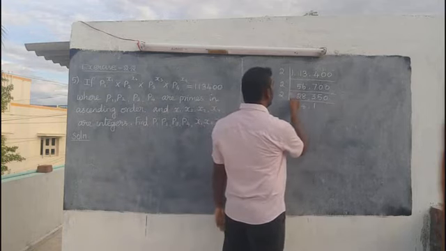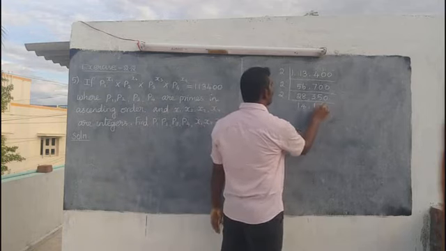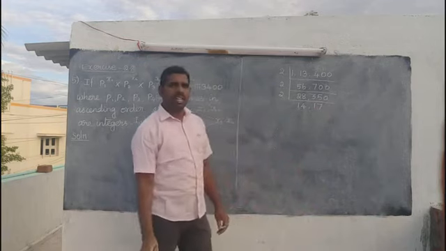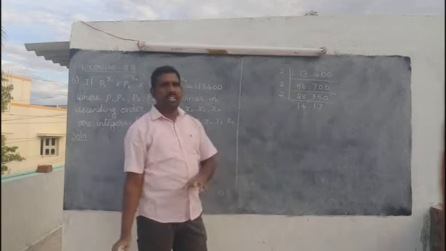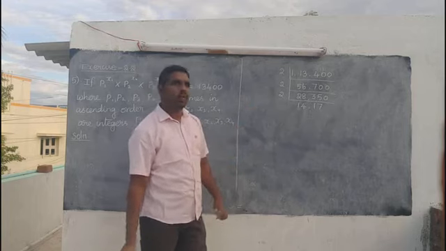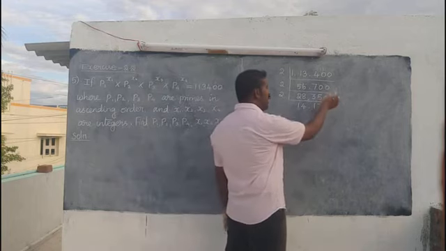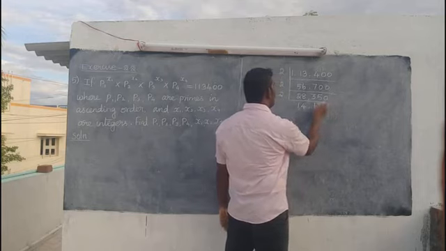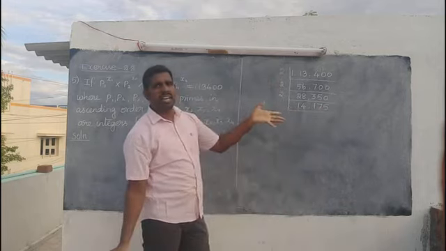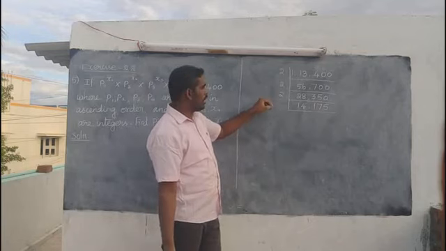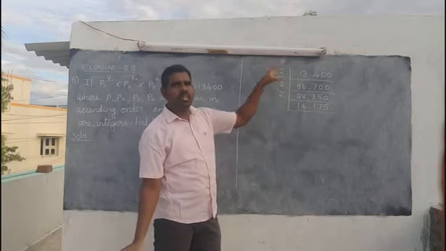In 15, 2 goes 7 times, so 7 twos are 14. Again we get remainder 1. The next value becomes 10. In 10, 2 goes 5 times. So it is not an even number, so this value is not divisible by 2.